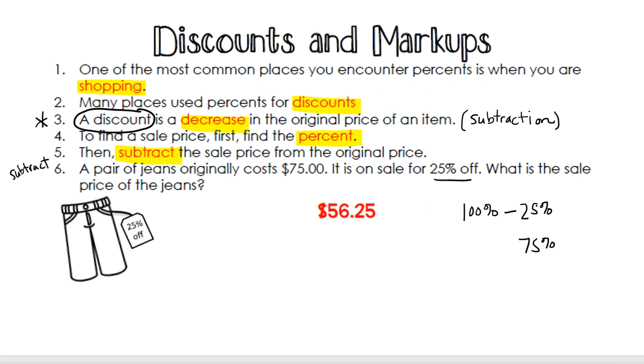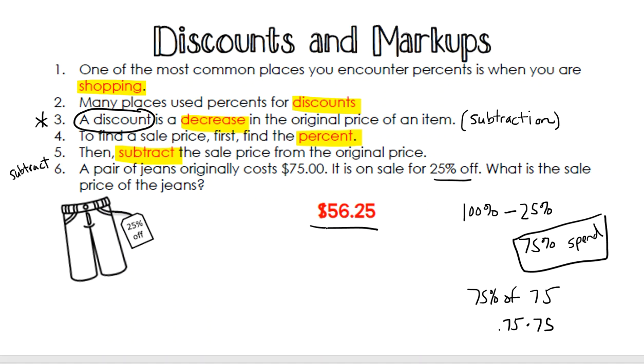Okay, so if you're saving 25%, you are actually going to spend 75%. So another way that you can do this is you can find 75% of the original price because that's what you're going to pay. You're saving 25%, which means you only pay 75%. And if you take 0.75 and you multiply by 75, you're going to get $56.25. Okay, let's go to the next page.